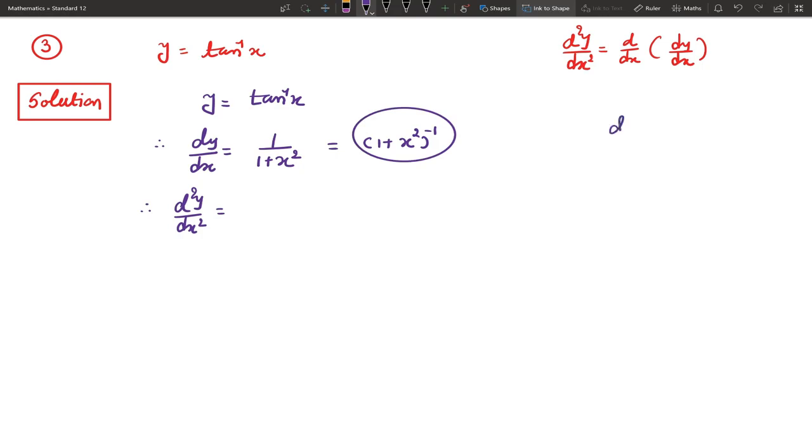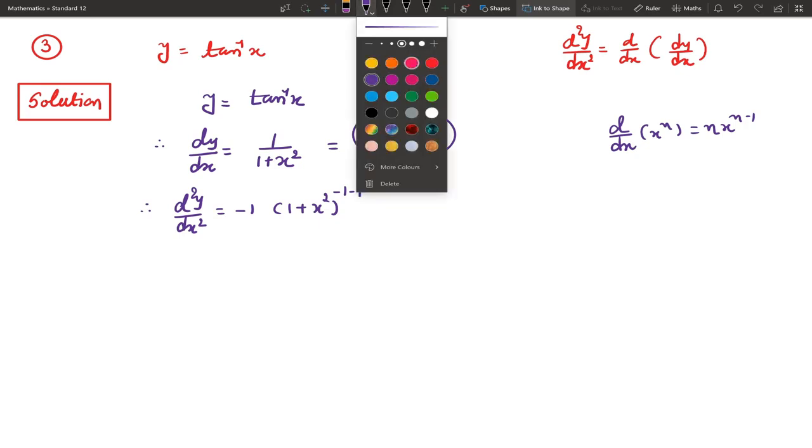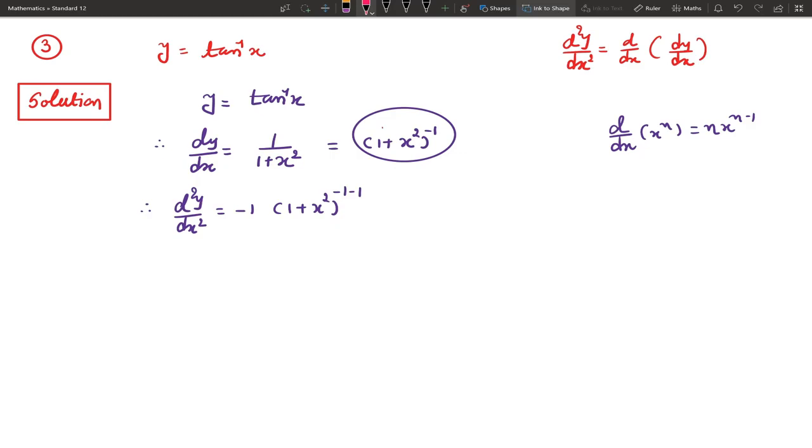So first use this formula, d by dx of x raised to n is n x raised to n minus 1. So minus 1 plus x square raised to minus 1 minus 1. But inside you can observe it is a function of x.